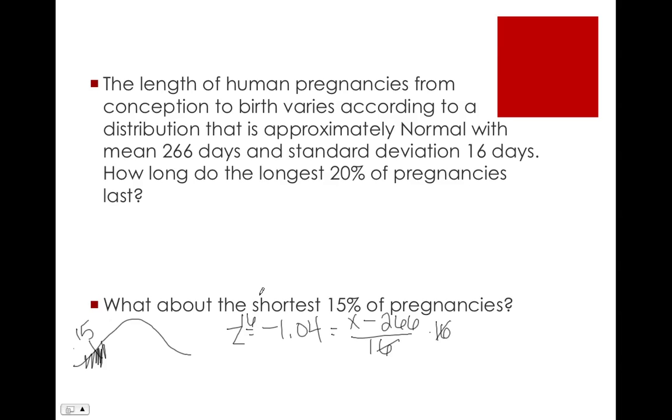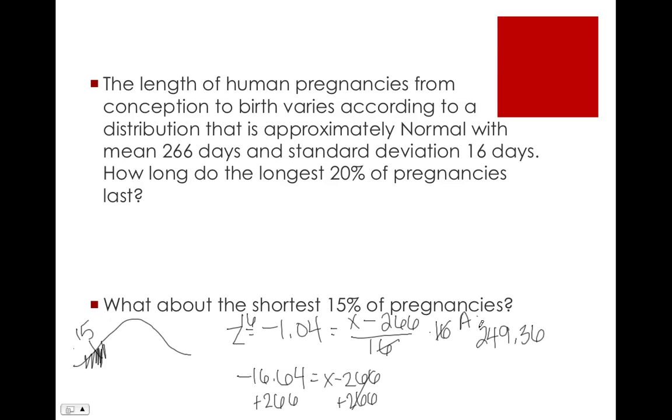And that gives me 16 times negative 1.04, which is negative 16.64, equal to x minus 266. I'm going to add 266 to both sides, and I get 249.36.